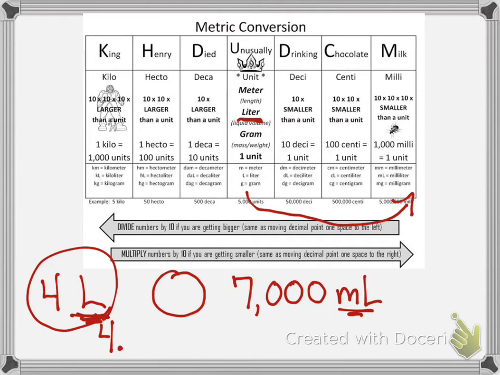To the right. 1, 2, 3. There's our decimal point, and then we fill these little holes with zeros. So 4,000 milliliters. Obviously, 4 liters is less than 7,000 milliliters.